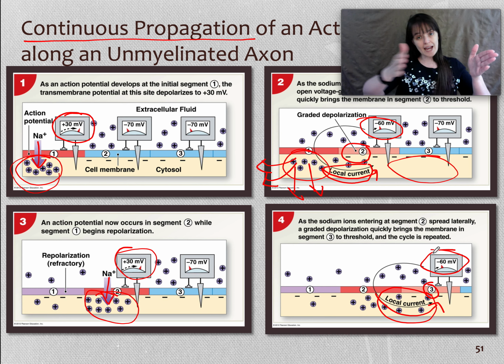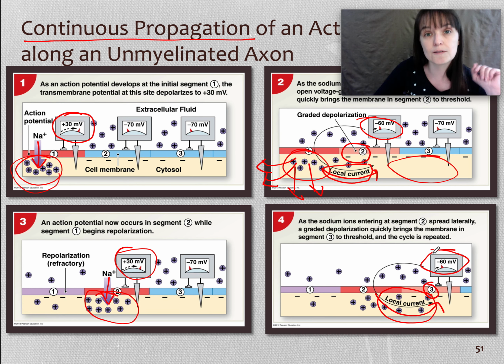And that's how the action potential propagates down the entire length of the axolemma.